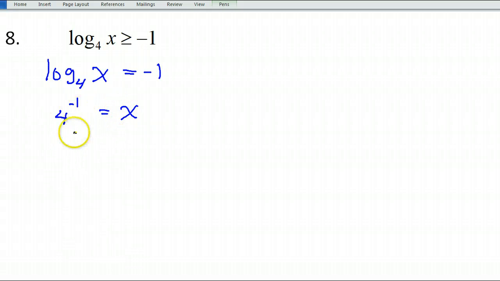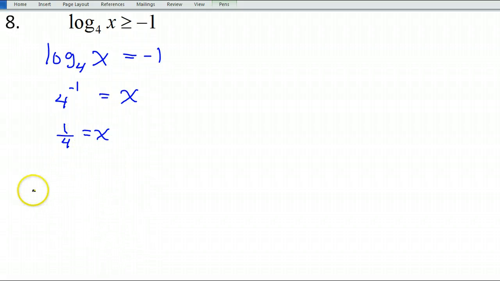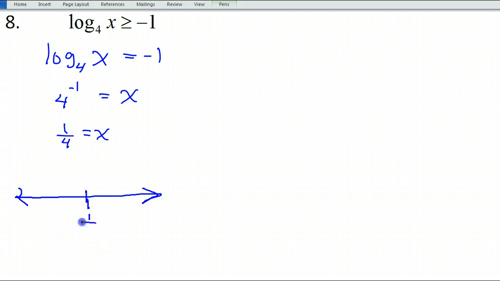So 4 to the -1 power, that's 1/4. That is our key value. Let's use that to make our number line. So this is 1/4.